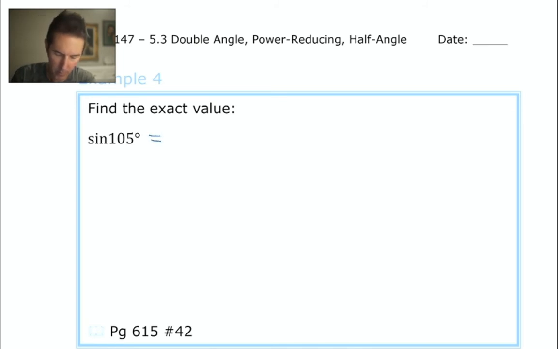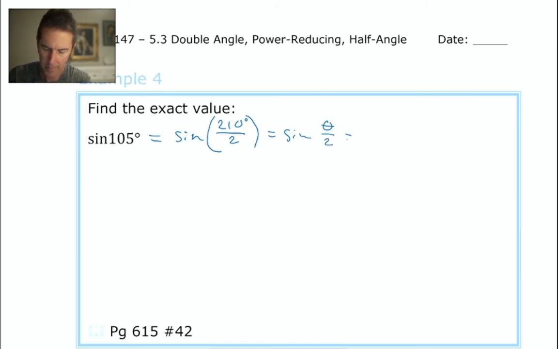So what I'm going to do is rewrite this as the sine of 210 degrees divided by 2. That way, what this really says is the sine of theta over 2, which is a half-angle.